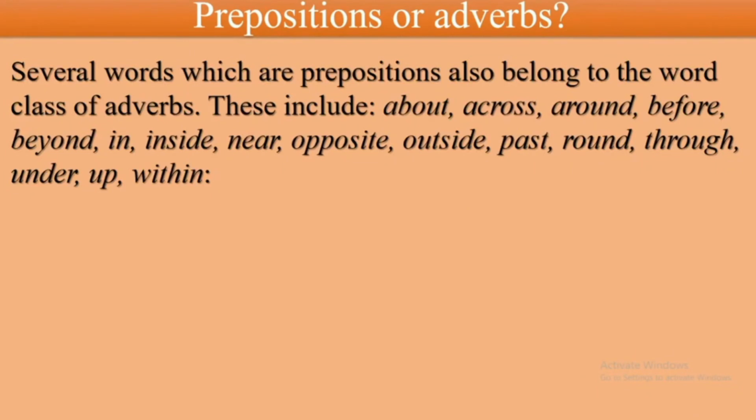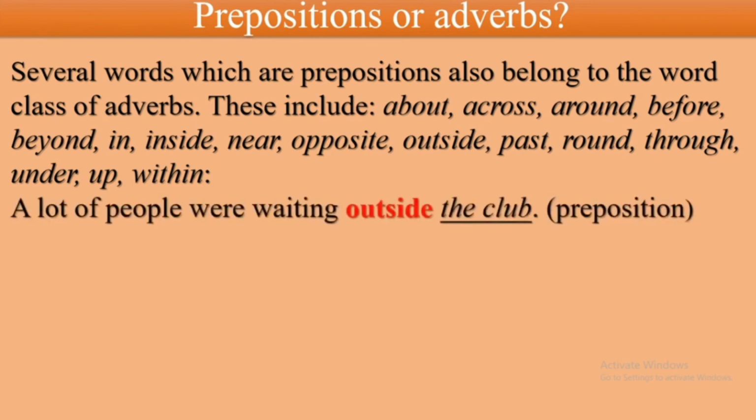Several words which are prepositions also belong to the word class of adverbs. These include about, across, around, before, beyond, in, since, near, opposite, outside, fast, round, through, under, up, within, etc. So how to determine when a word is a preposition and when it is an adverb?